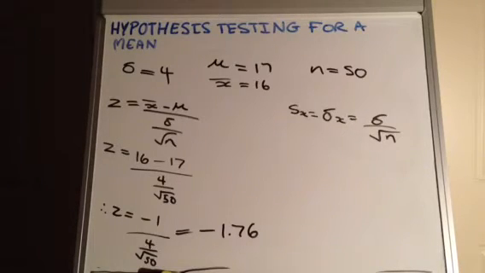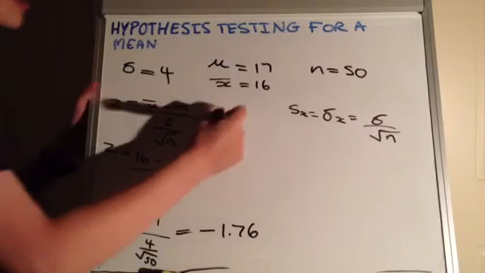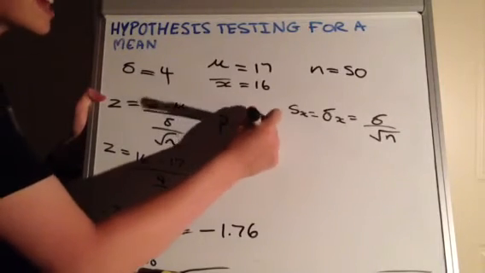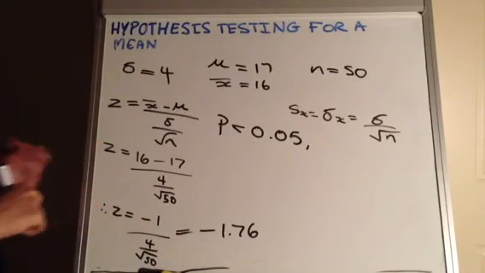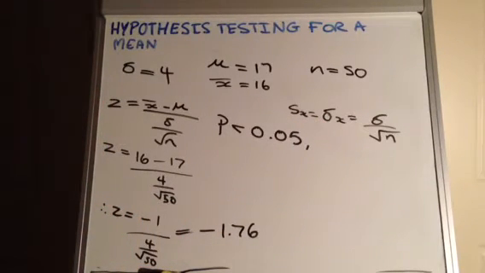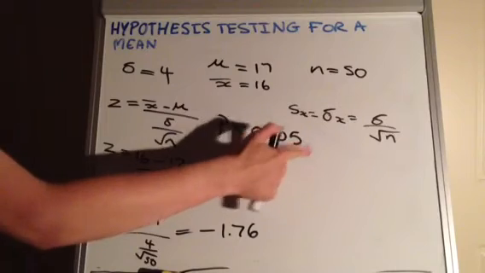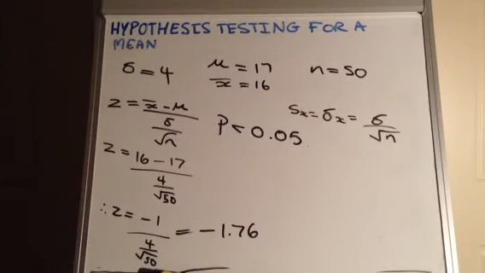But now the next question actually says to calculate the p-value. Now again, if p is less than 0.05, then we actually reject the null hypothesis based on the evidence given. Because of course, that's quite unlikely to happen for the actual population mean to be what is claimed.